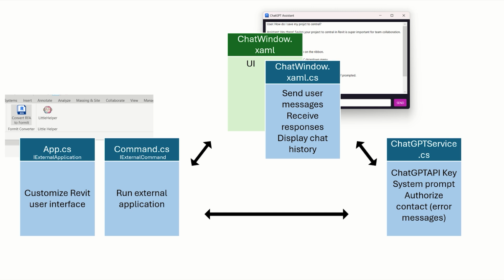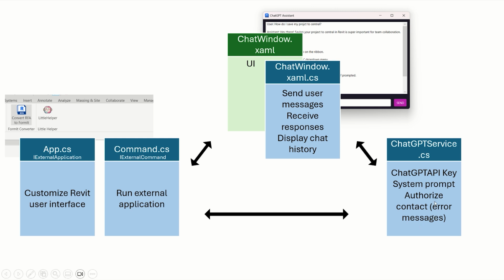So the system prompt is basically your universal instruction that you give to ChatGPT for how you want it to act. So in this case, I told it to be a helpful Revit assistant, helping the user with whatever problems they have. You can also define the tone of voice that you would like it to use. Exactly. So that's what you define there.